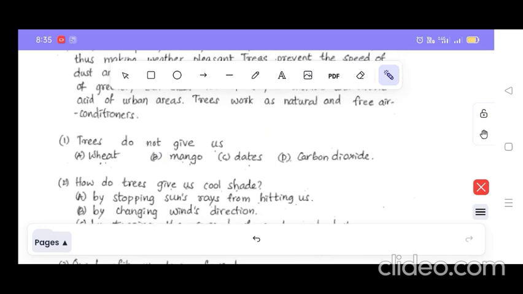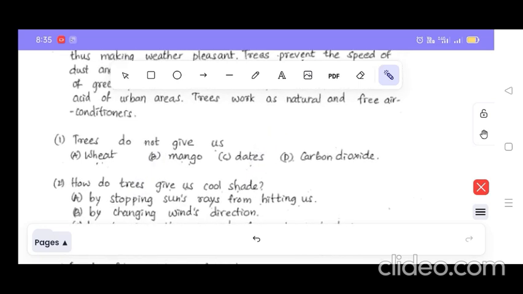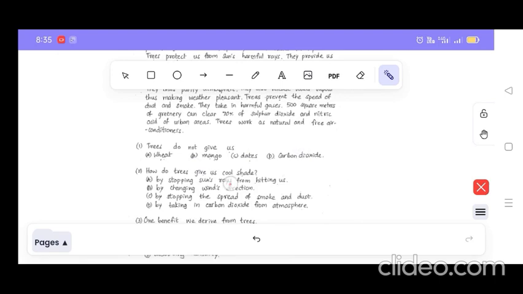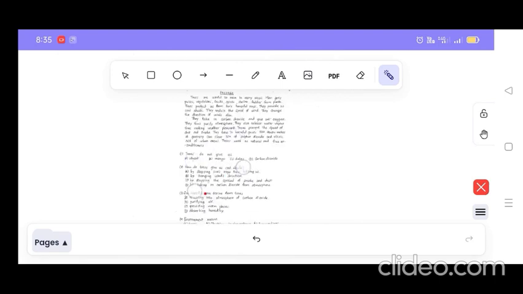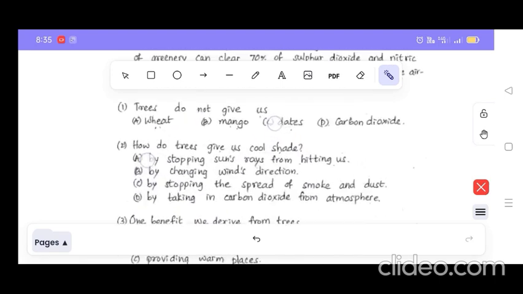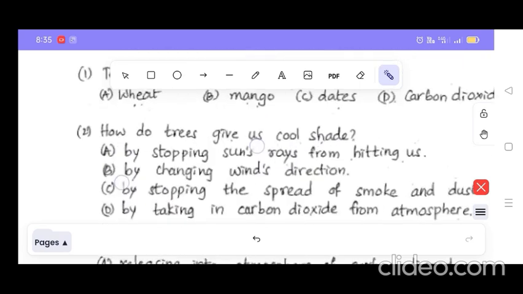How do trees give us cool shade? Yes. See, by stopping the sun's rays from hitting us, they provide us cool shade. They also change the wind's direction.